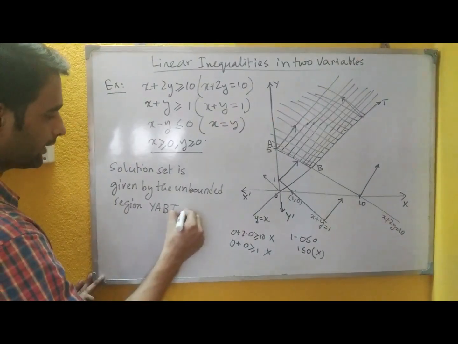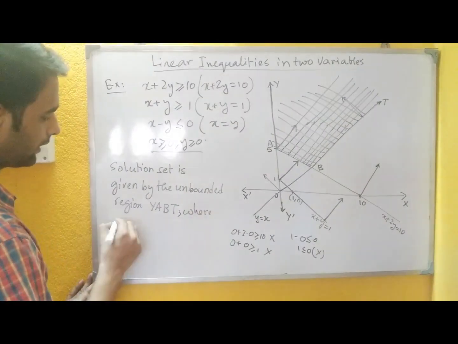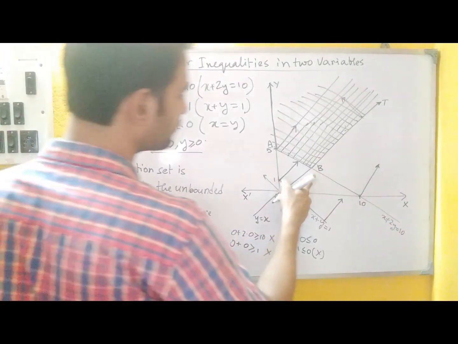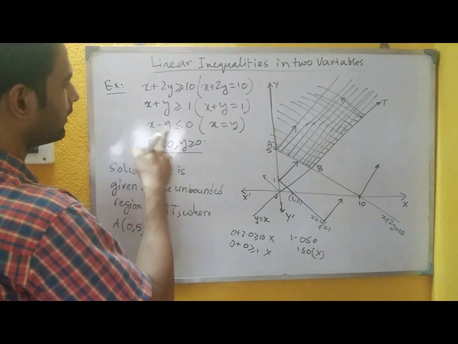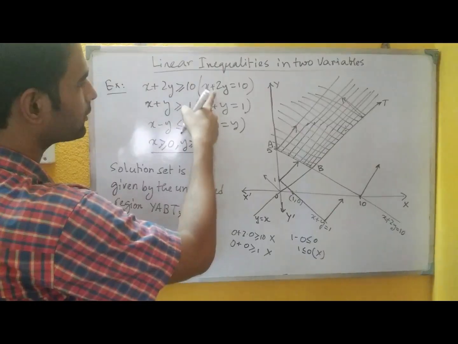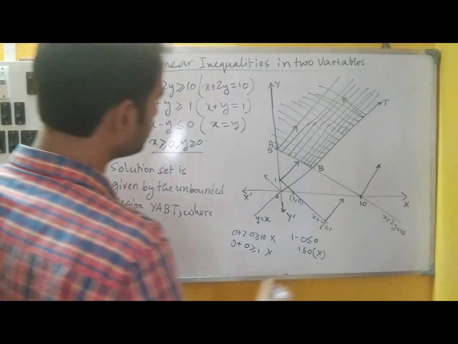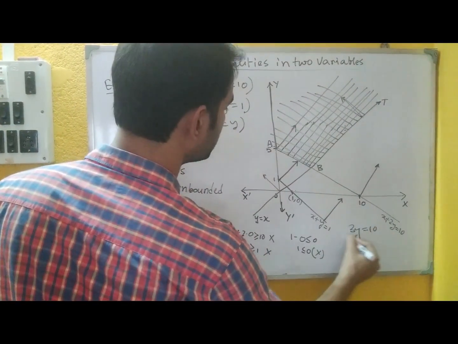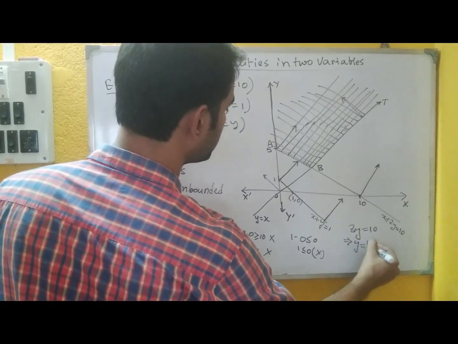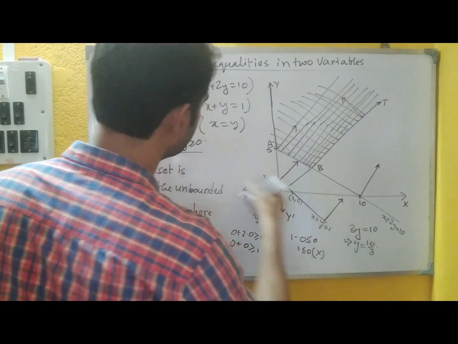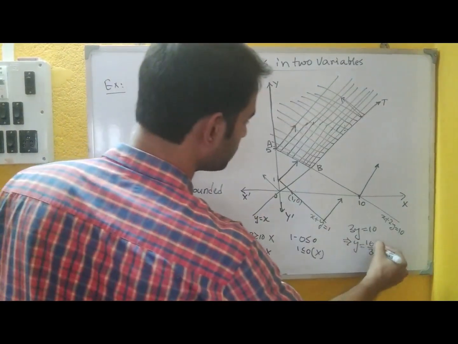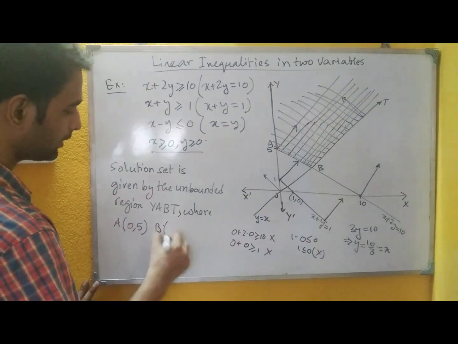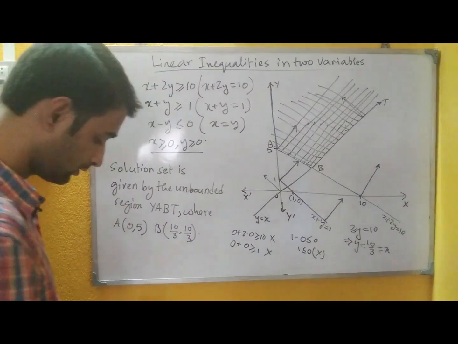So we will write like this, where A is (0, 5) clearly, and for B you have to solve these two lines, x equals y and x plus 2y equals 10. If you solve them, you will see that 3y equals 10, and y equals 10 by 3. Since x equals y, this will be the value of x, that is B will be (10 by 3, 10 by 3).